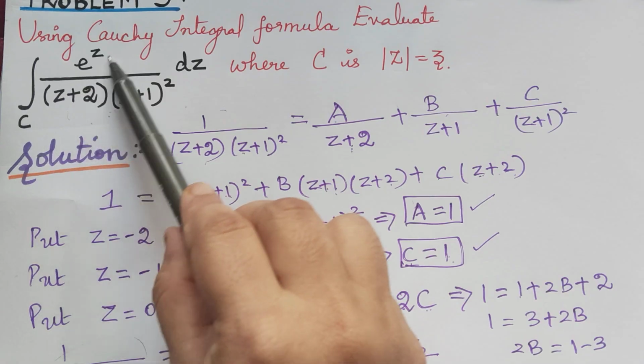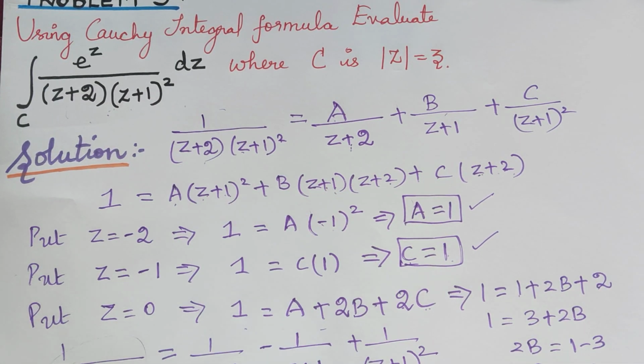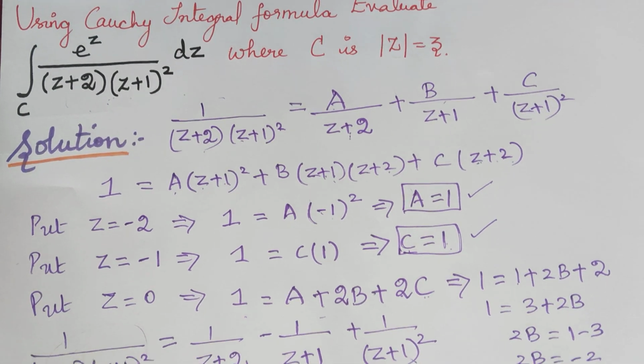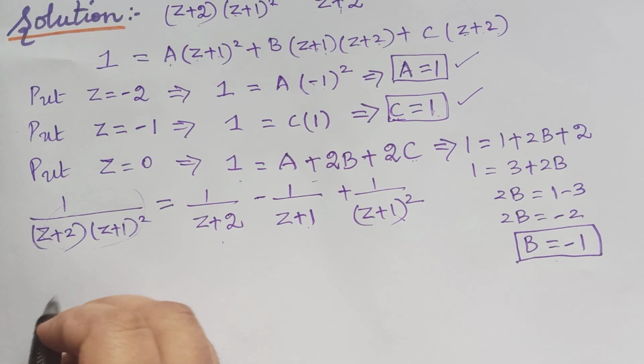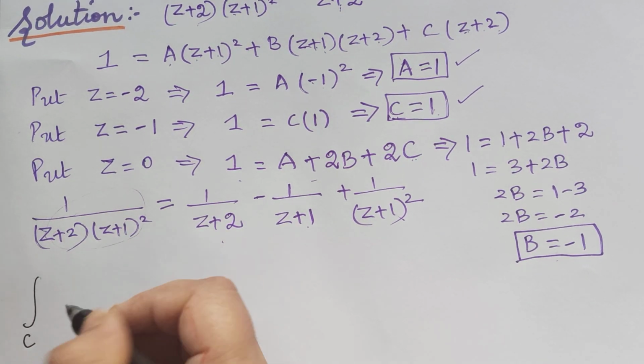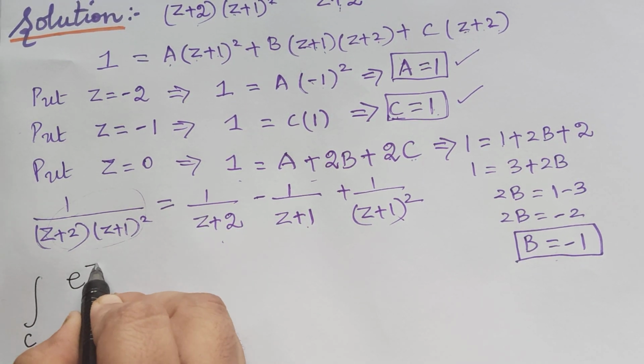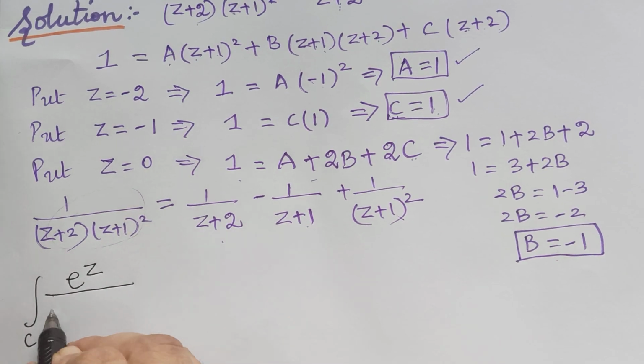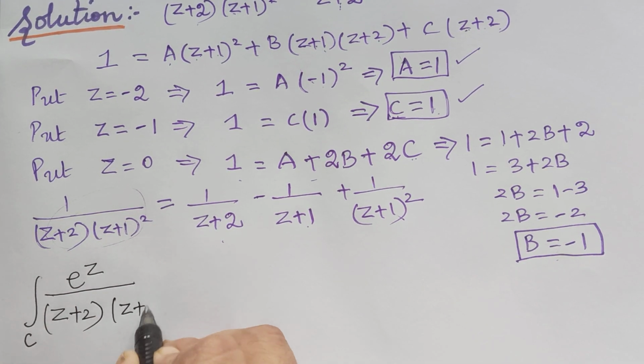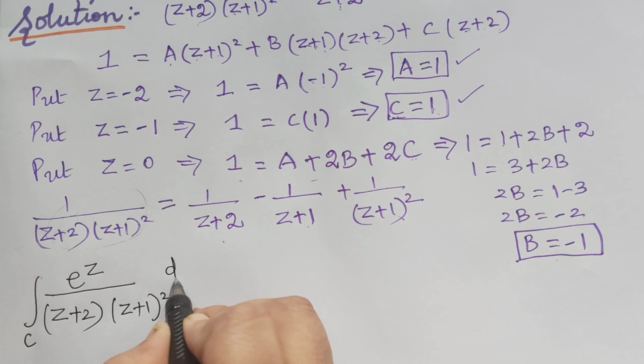So let us rewrite this integral which has to be evaluated. We get the integral over c of f of z, which is e power z, divided by z plus 2 multiplied with z plus 1 the whole square dz.